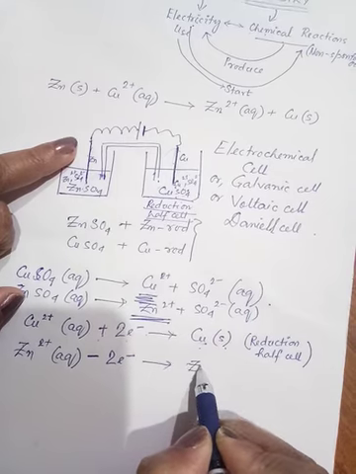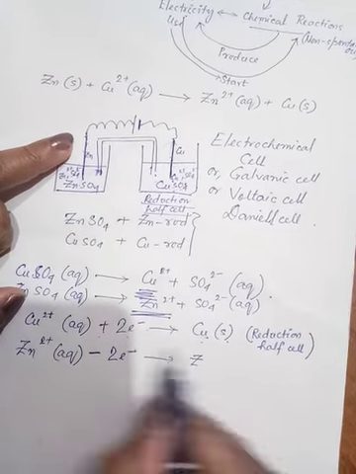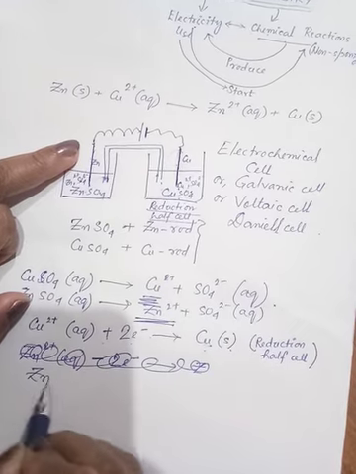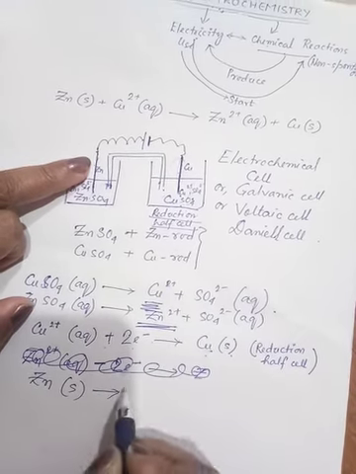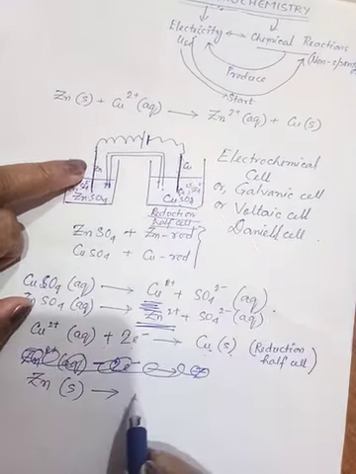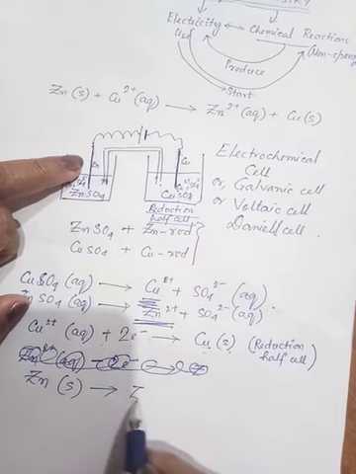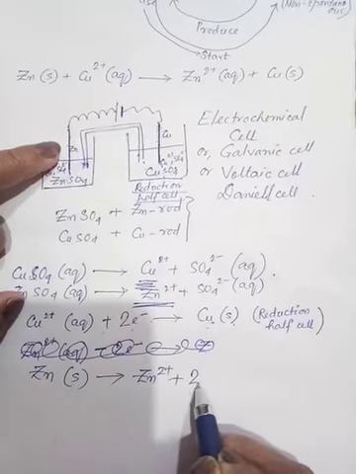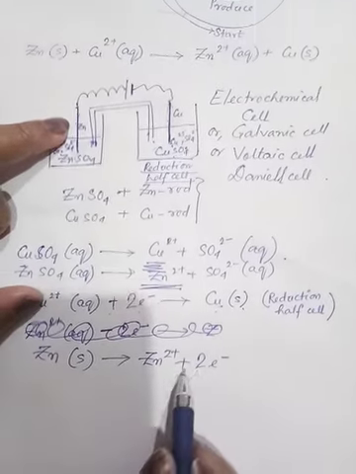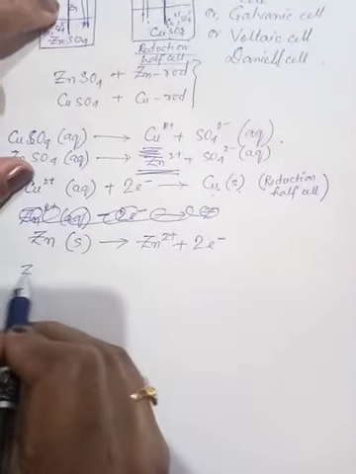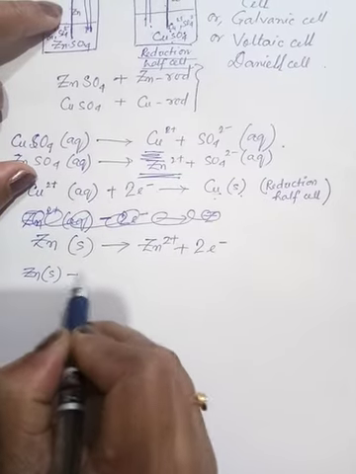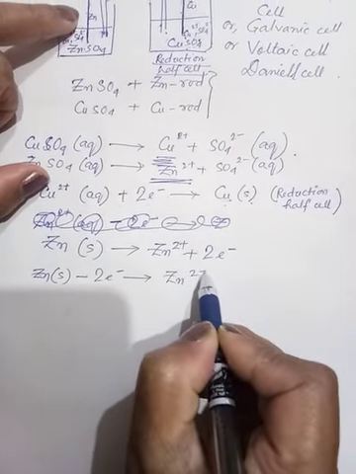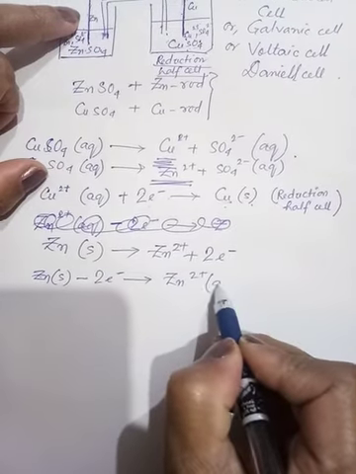It is going to give you Zn solid giving Zn2+ and 2 electrons. If I write it in this order, it becomes Zn(s) minus 2 electrons gives you Zn2+, which will be in aqueous.